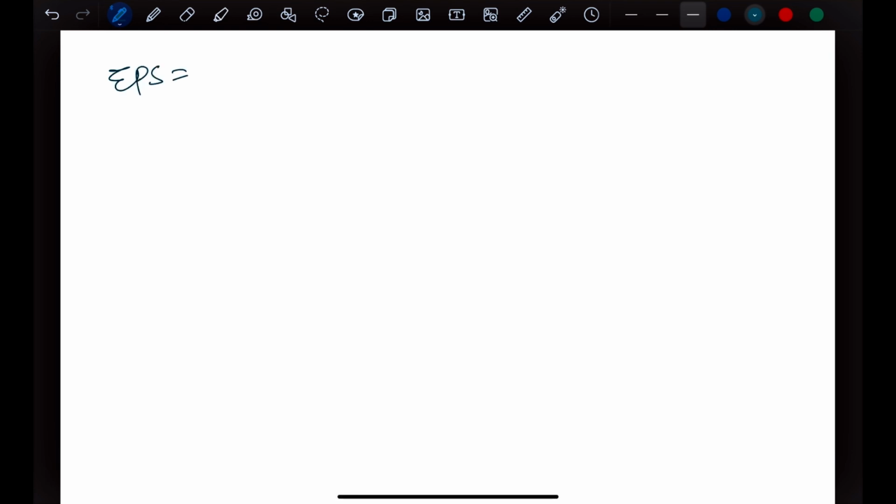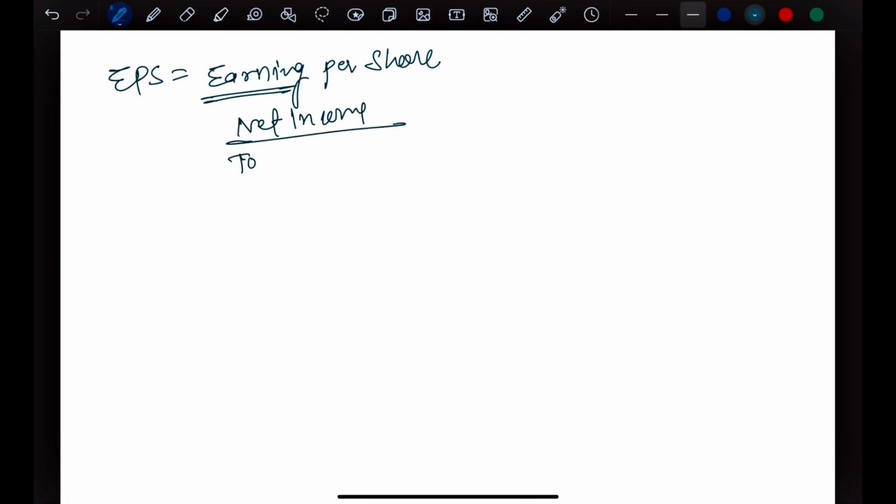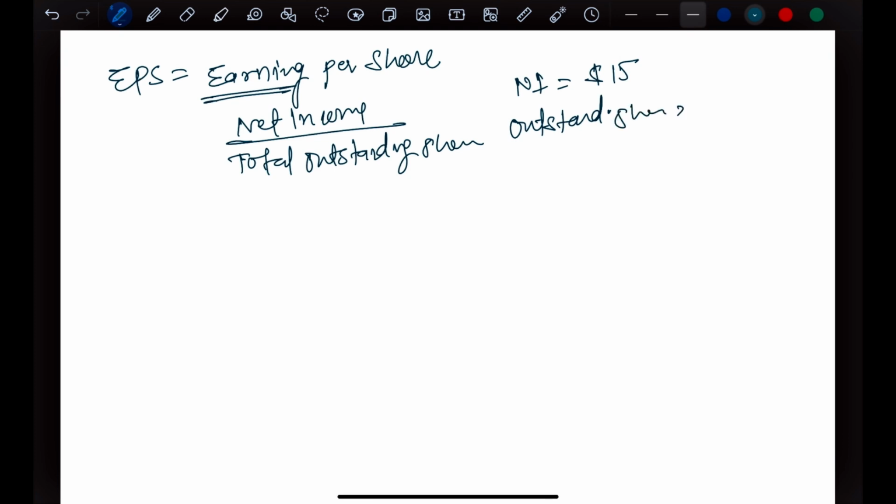EPS is earning per share. Now earning is our net income divided by total outstanding shares. Let's say the company generated a net income of $15 and the total outstanding shares are 15.